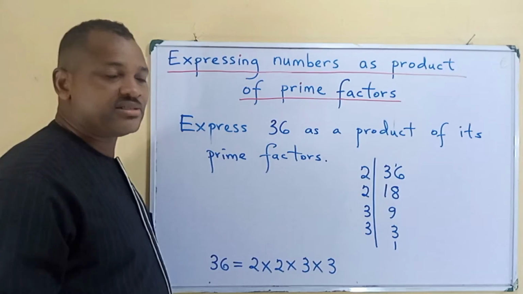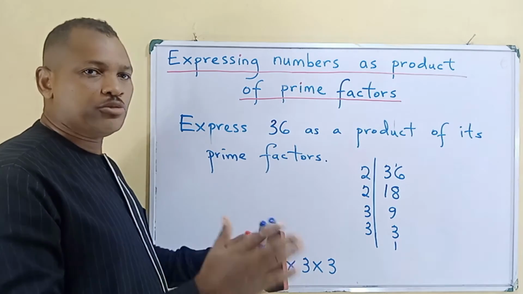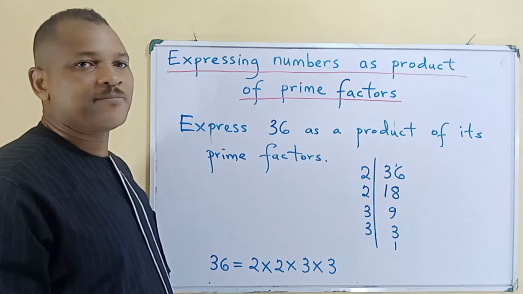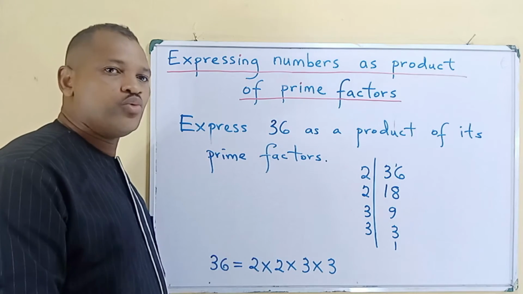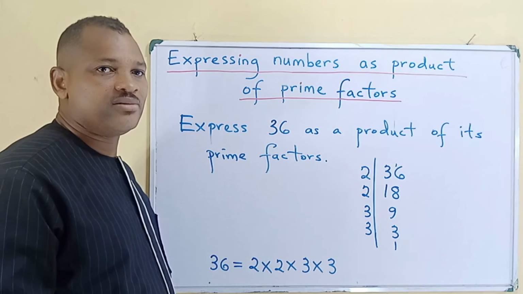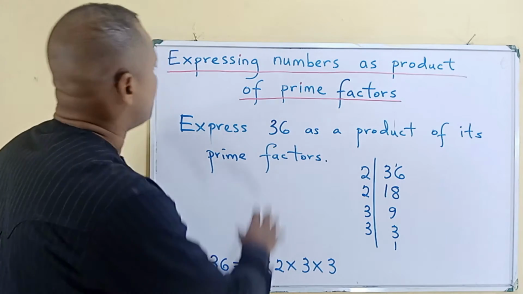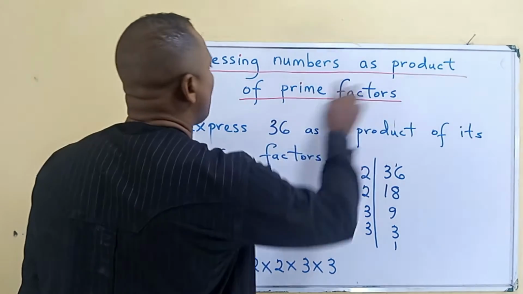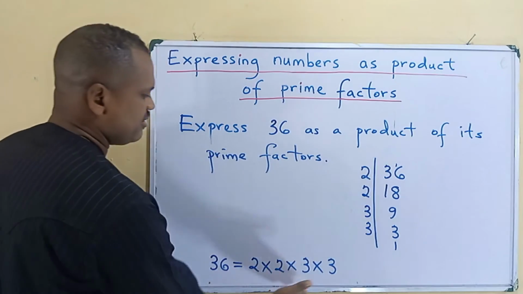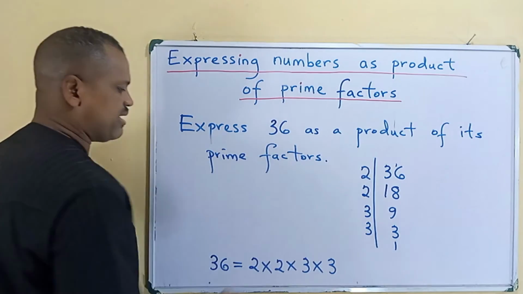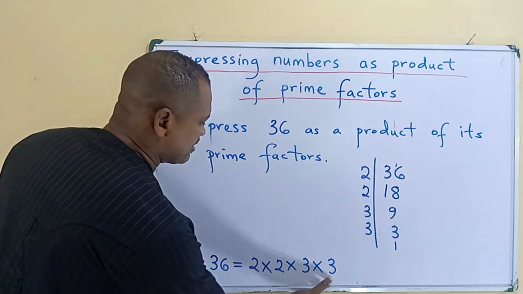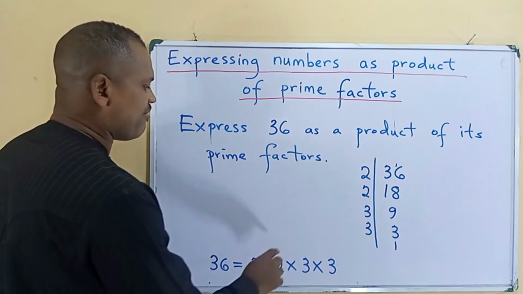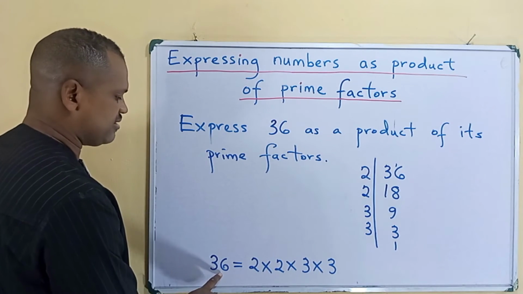This is what it means to express a number as products. You know, product means what you get when you multiply numbers. Like 2 times 3 is 6. So the product of 2 and 3 is 6. So to express a number as product of its prime factors is just to express it in this manner. Now, you notice that all these numbers here, they are factors of 36.